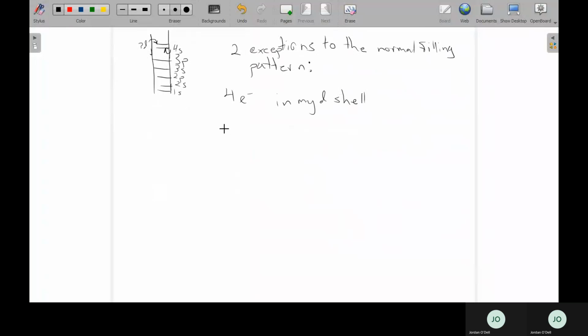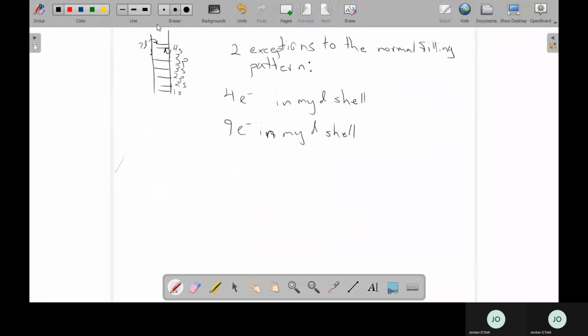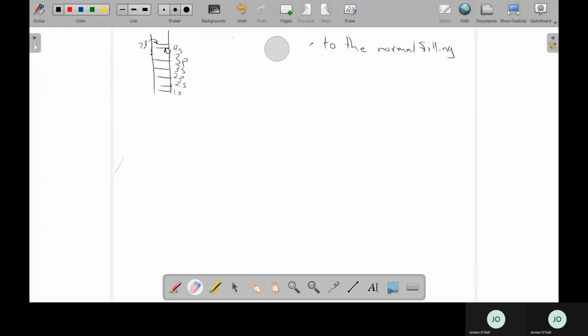My second one is going to be if I have 9 electrons in my d shell. So we're going to walk through an example for both. Real quickly, we're going to erase this. That way we have a little bit more room to walk through our two exceptions.